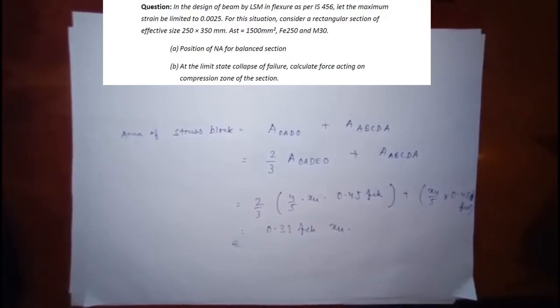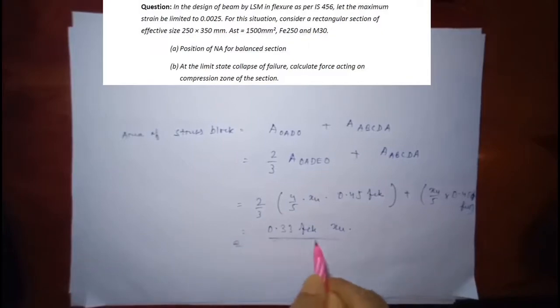Now we will try to get the position of NA using this 0.33 fck xu. Previously we used 0.36 fck xu; in place of that we will use 0.33 fck xu.